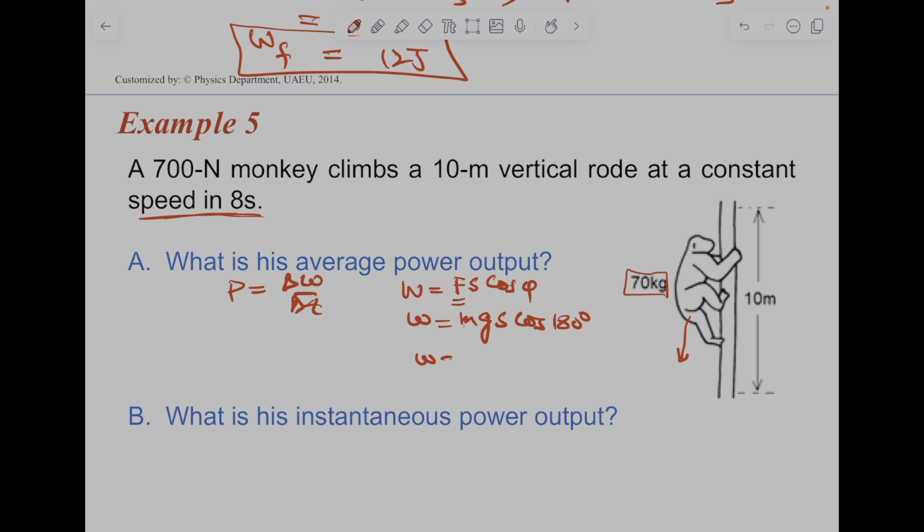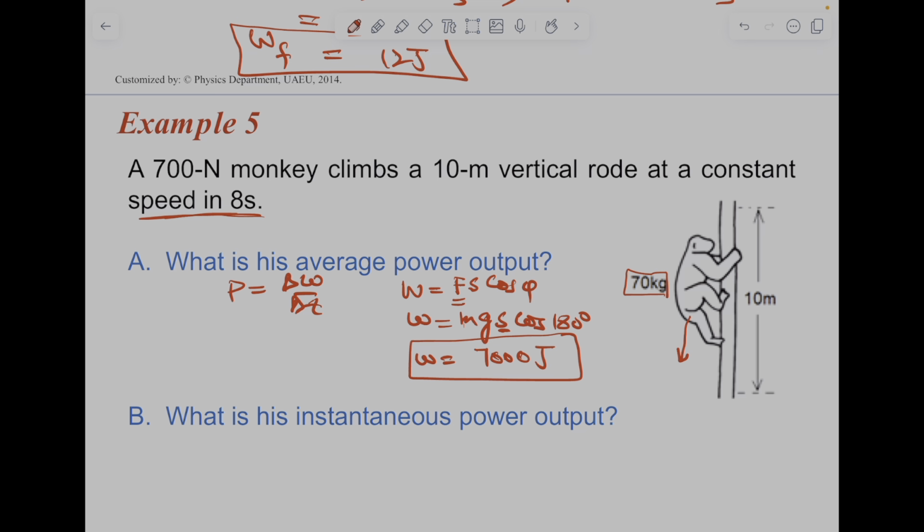So your work done is 70 multiplied by 9.8 multiplied by 10 meters, times the cosine of 180 degrees. So your work done is 7,000 joule. Okay, this is the work done by gravity.